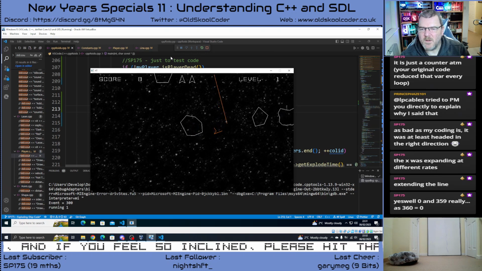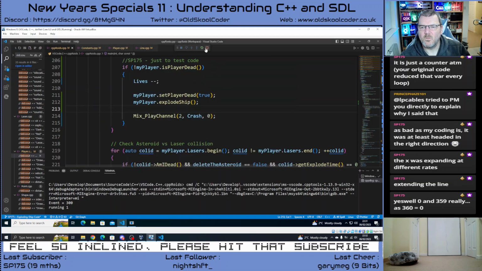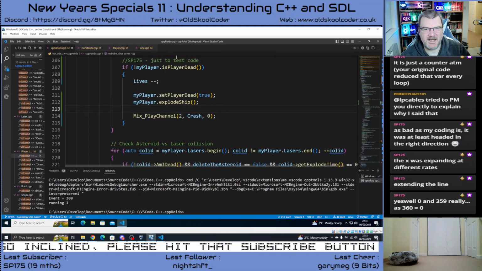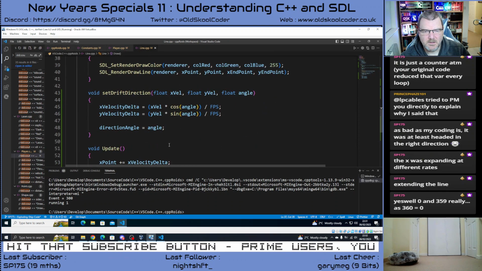So one's going way faster than the other. The first, so it's the second point, the end point, is going way faster than the first point.